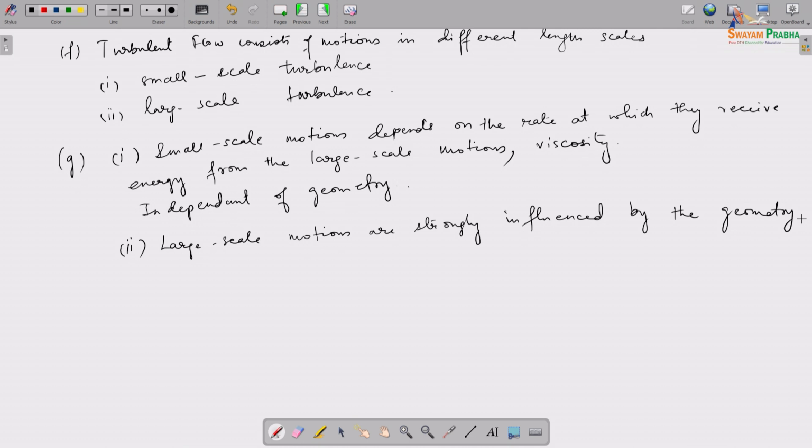And they also control transport and mixing. Okay.